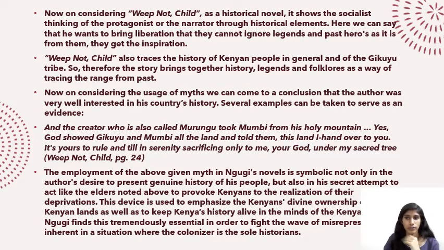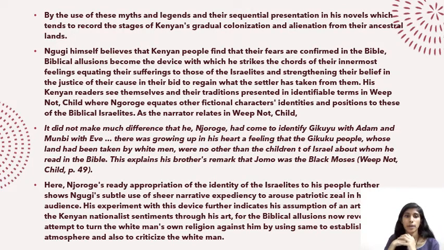So, moving on to the next slide. By the use of these myths and legends and a sequential presentation in his novels, which tends to record the stages of Kenya's gradual colonization and alienation from the ancestral lands.